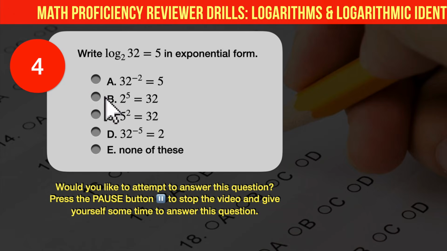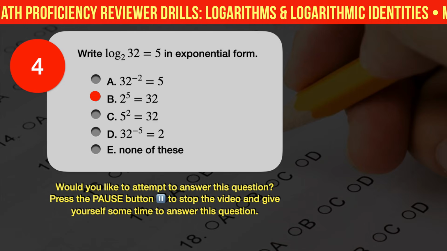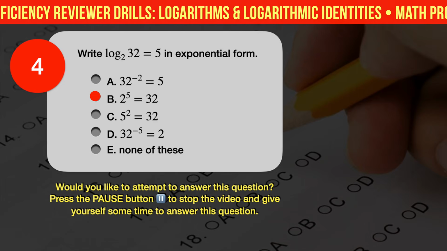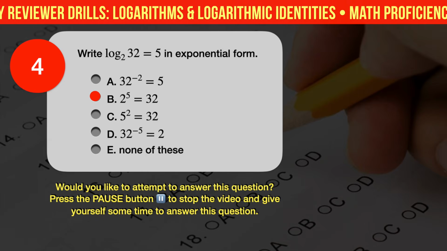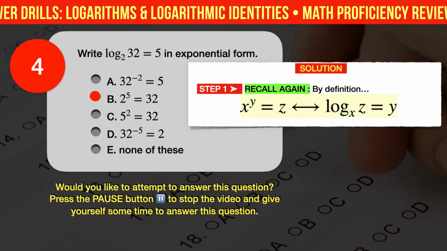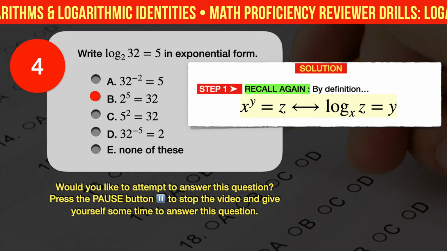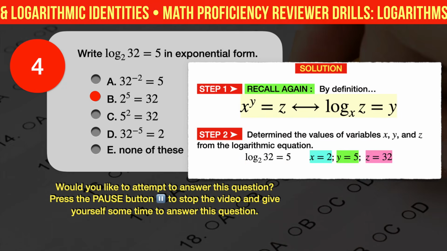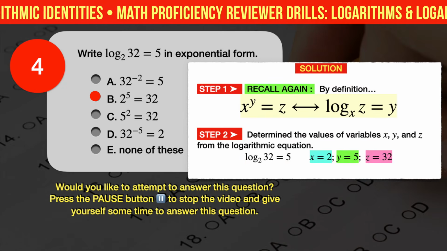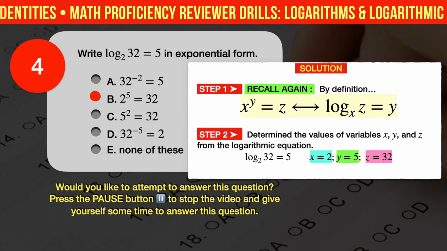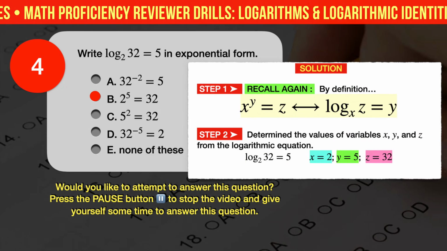The correct answer is B. 2 raised to 5 equals 32. This is basically the same as the first 3 drill questions but in reverse. So again, let's recall our exponential to logarithmic equivalence relationship as shown. This time the logarithmic form is given, so we determine the values of variables x, y, and z from the logarithmic equation.